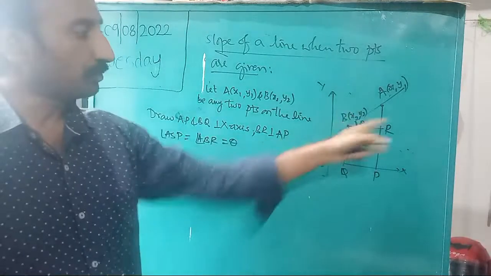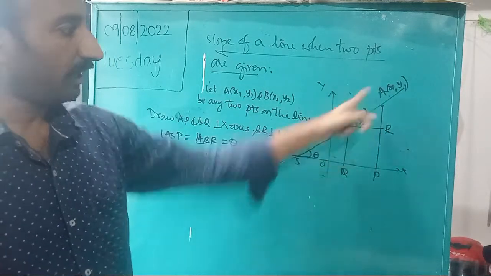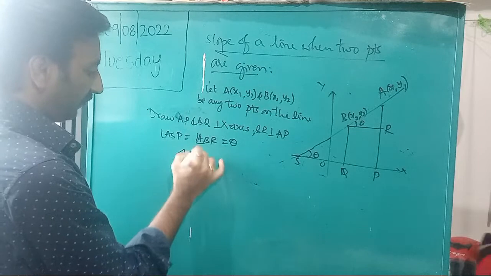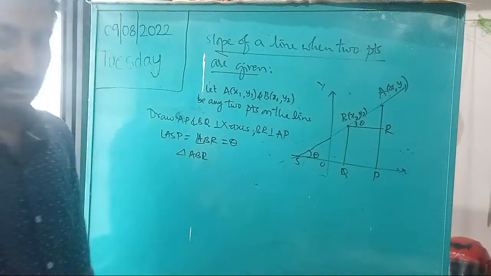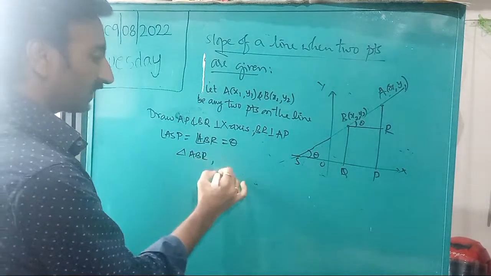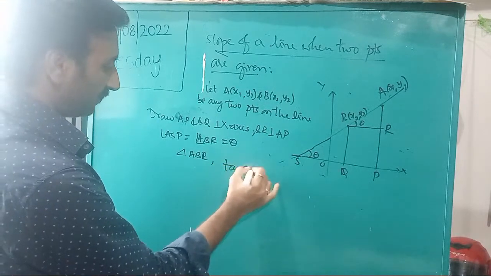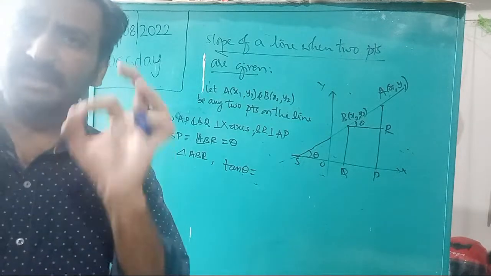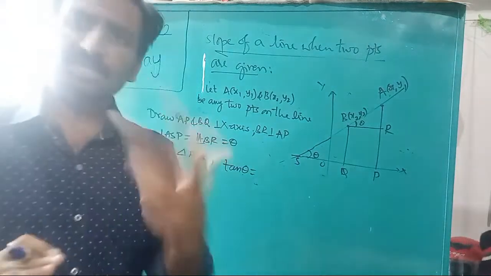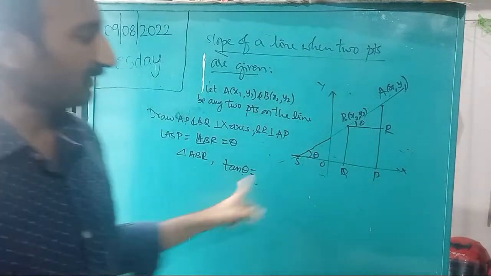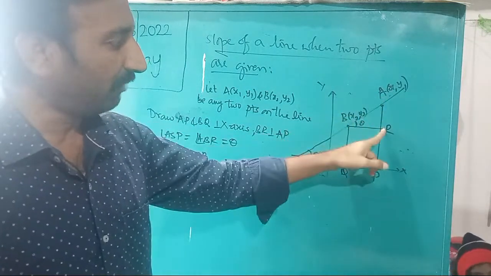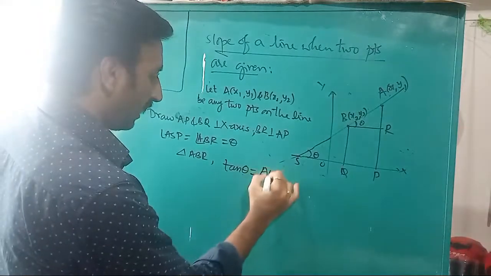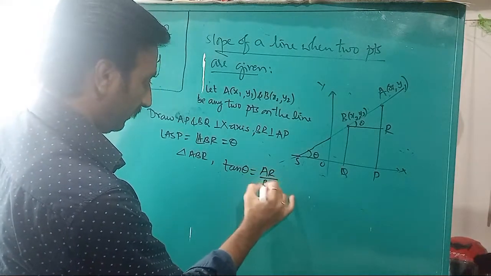Now if you come to the triangle ABR, what is the tan function? We know very well slope is always tan theta. So what is the slope here? Tan theta. Tan theta is, in this triangle ABR, opposite by adjacent, which is AR divided by BR.